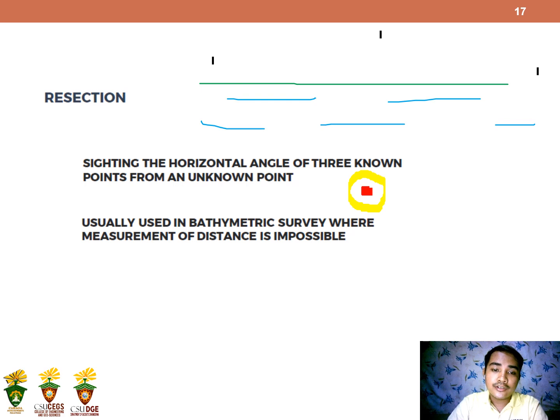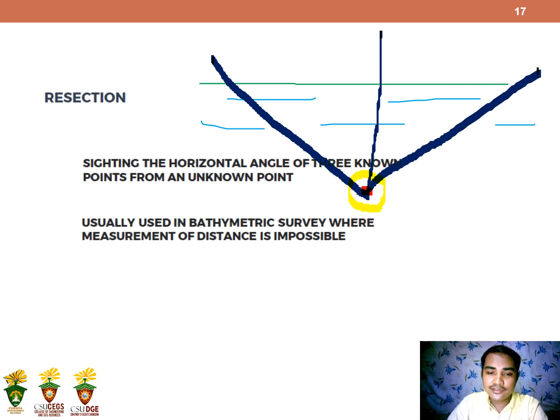So you are going to use these 3 known points from the coastline. You take readings on them, here and also here. Since they are fixed points, you are going to use the information from the fixed points, or known points, from the coastal areas to get the location or the desired measurement at the point you occupy, where you are observing with your instrument.